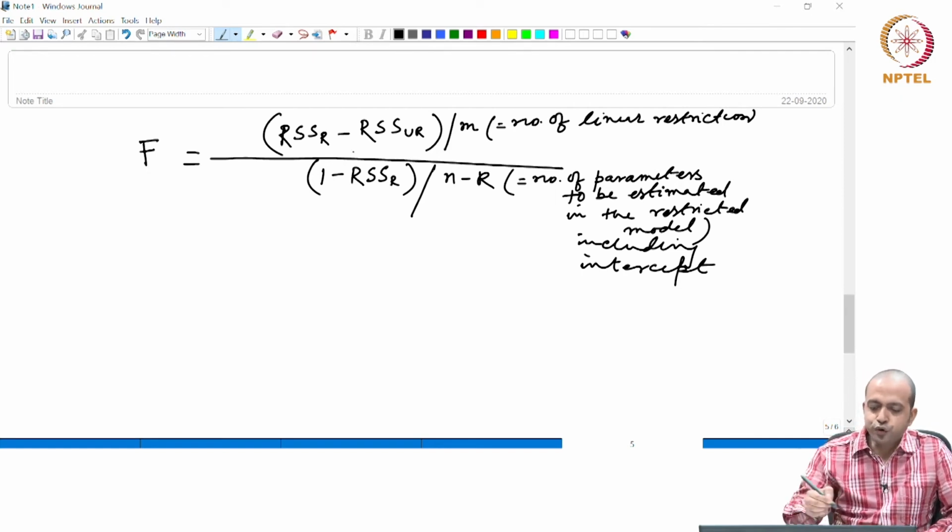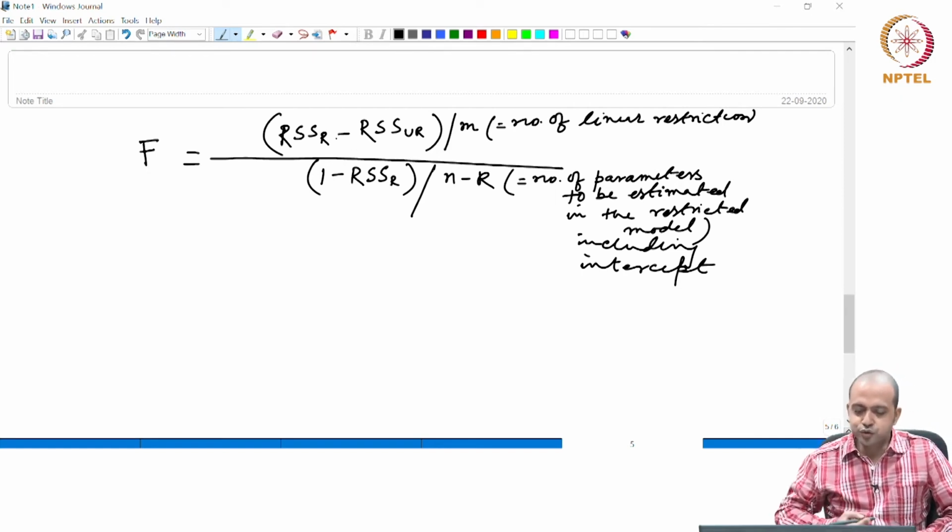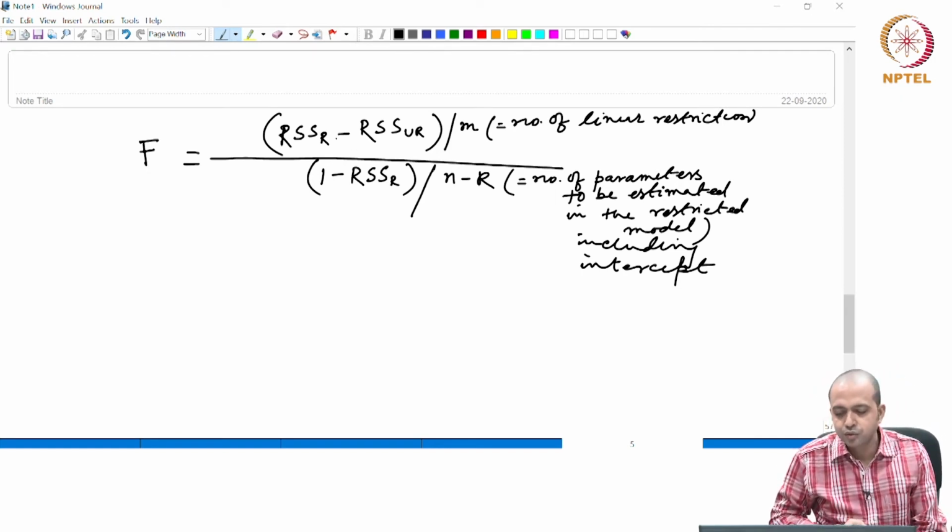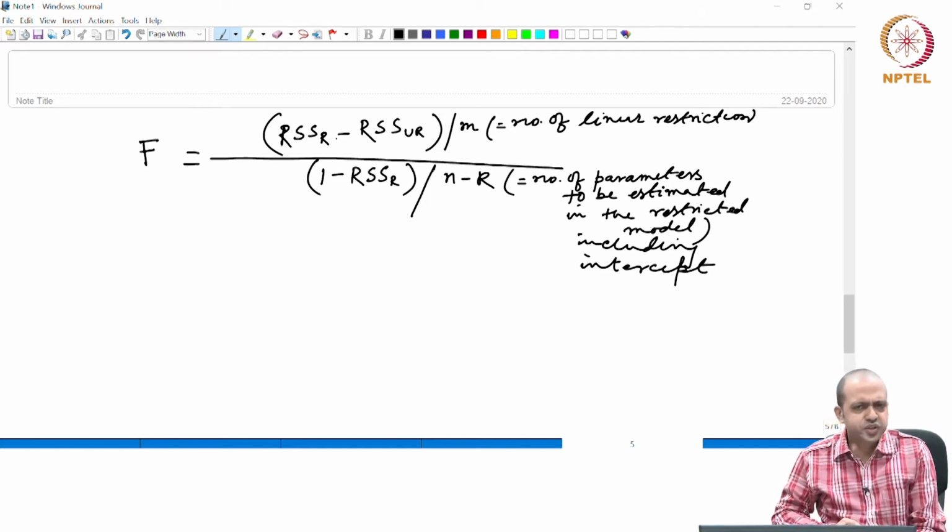Now, if you forget whether the numerator should be RSS R minus RSS UR or RSS UR minus RSS R, just think about which of the two RSS is larger. When you put a restriction in the model, you have fewer explanatory variables, so RSS would be higher.